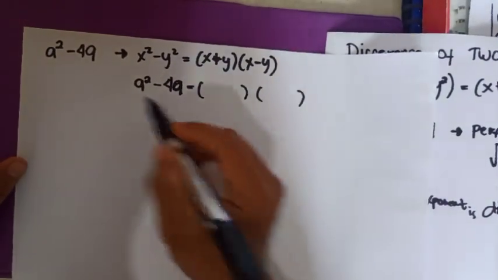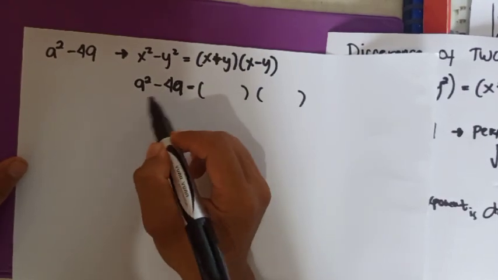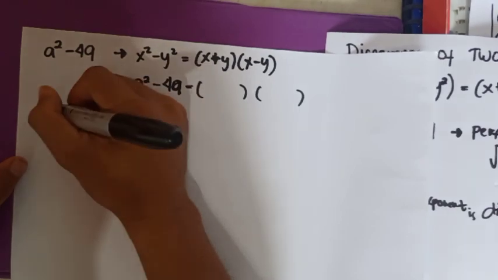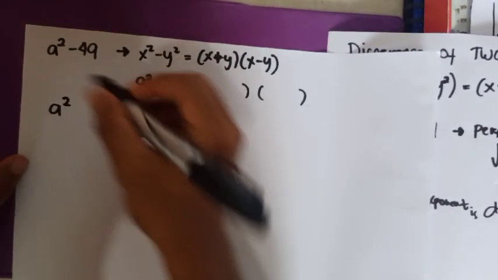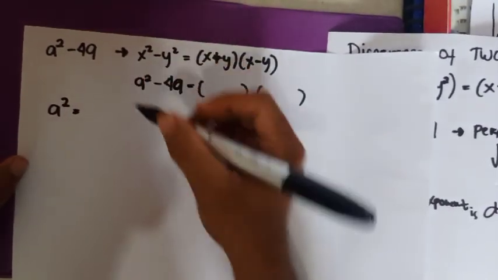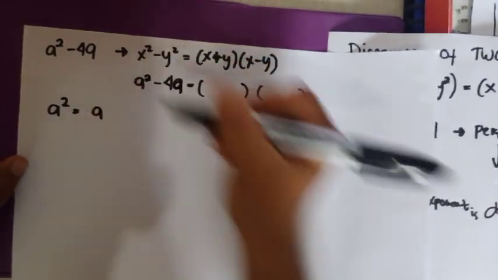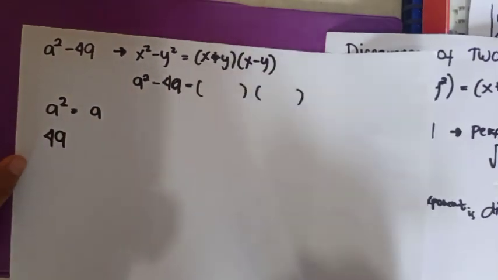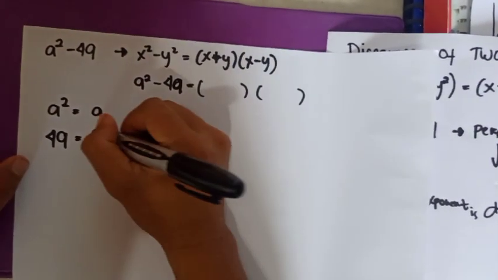So we need to find the square roots of these two terms. Let's first try a squared. What is the square root of a squared? It's a. Okay, 49. It's 7.